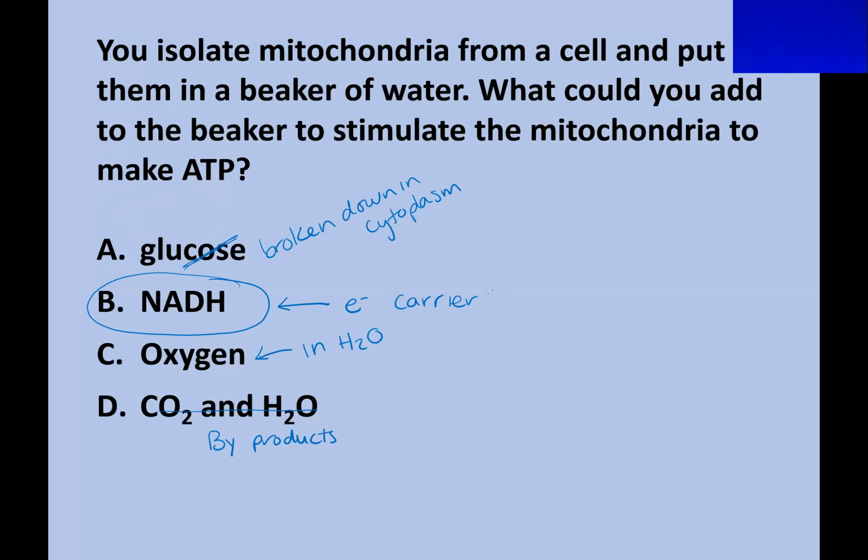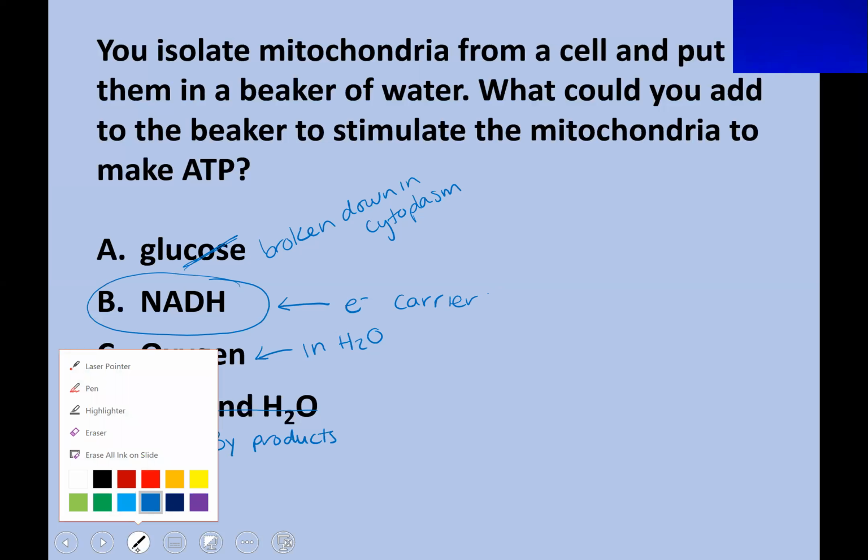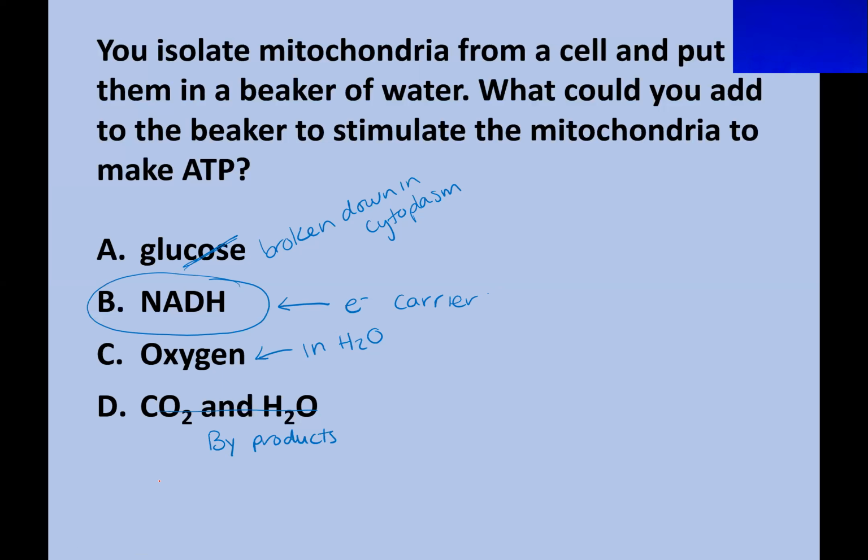If you had to pick, if this was a free response, what could be a better answer for this question? I think maybe a better answer would be you would provide pyruvate, or you would provide acetyl-CoA, right?